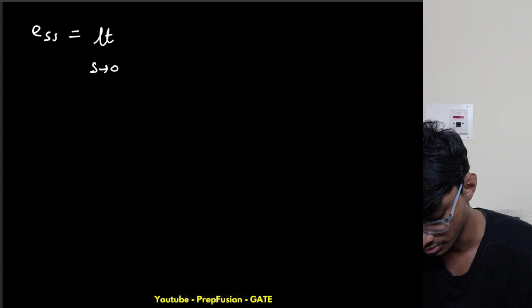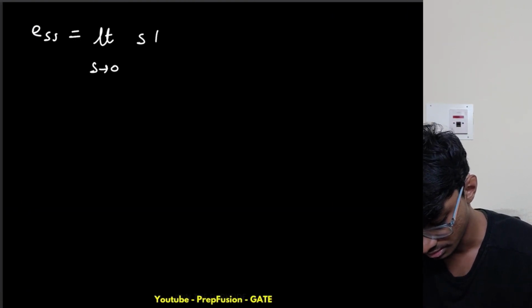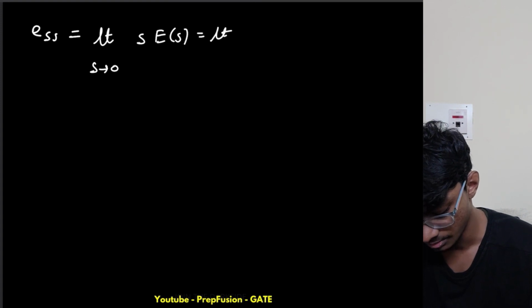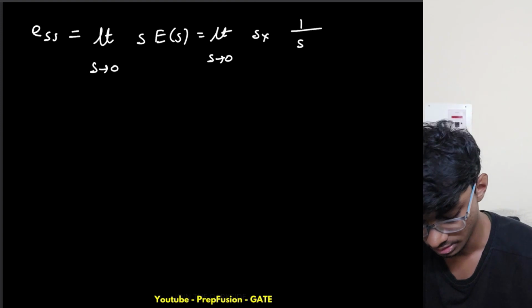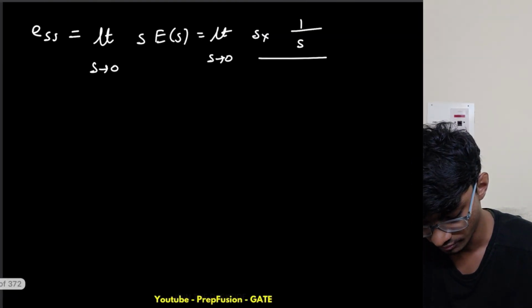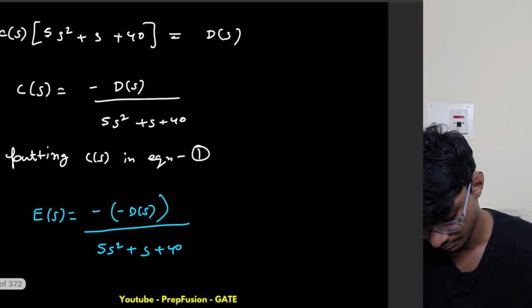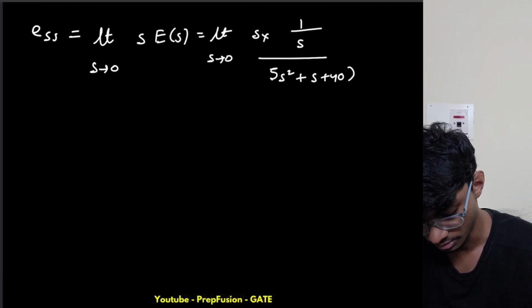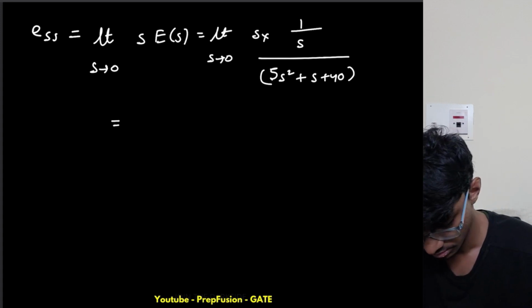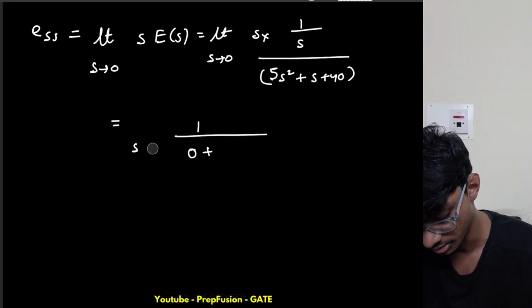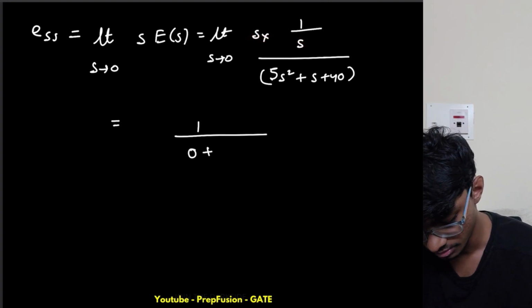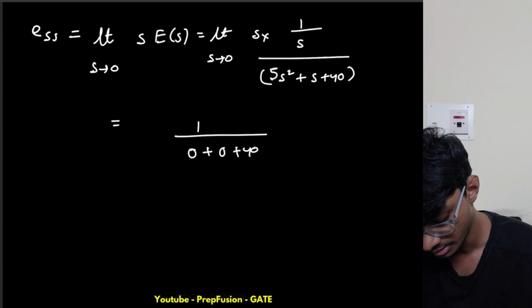This will be limit s tends to 0 of s times this E(s), which equals limit s tending to 0 of s times 1 by s, because this is a unit step disturbance, divided by 5s square plus s plus 40. So I will simply put s equals 0 here. This s is getting cancelled, so this will be 0 plus 40. So I am getting 1 by 40.